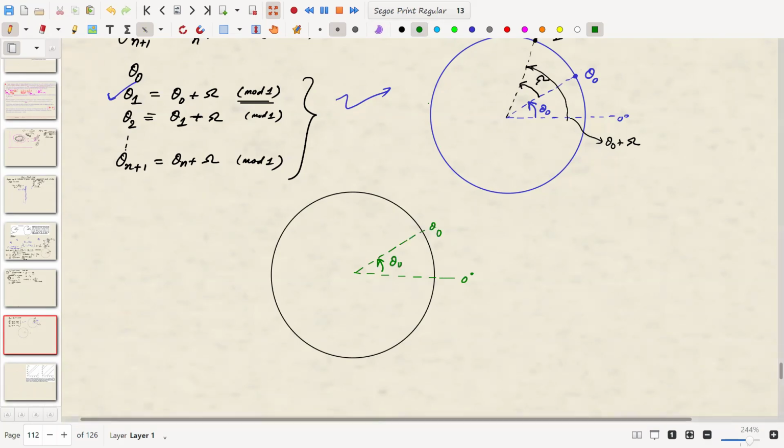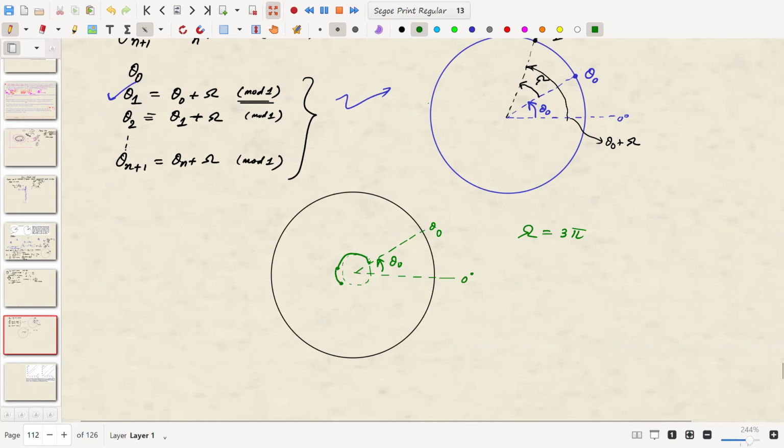Now omega is 3 pi, so this point should be rotated by 3 pi, right? So what is 3 pi? Up to here it is 2 pi, and from here it goes till here. That will be 3 pi. So the new point theta 1 will be here.